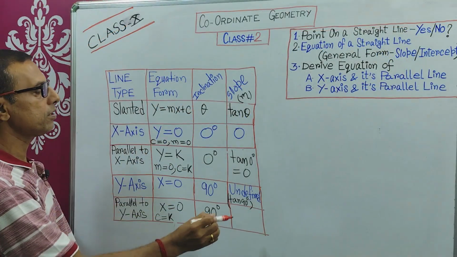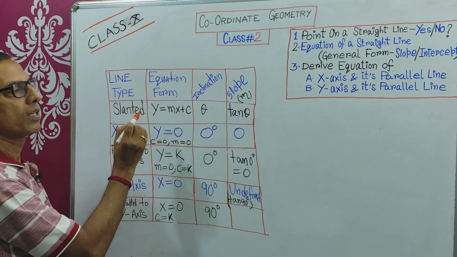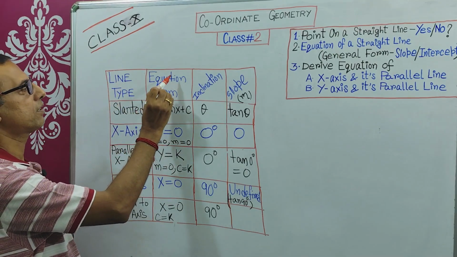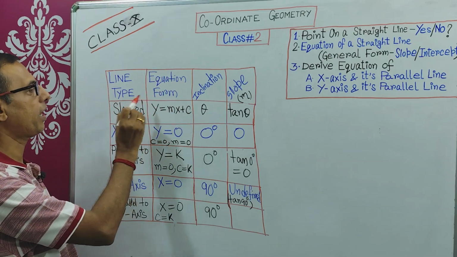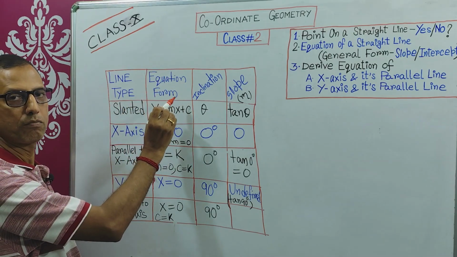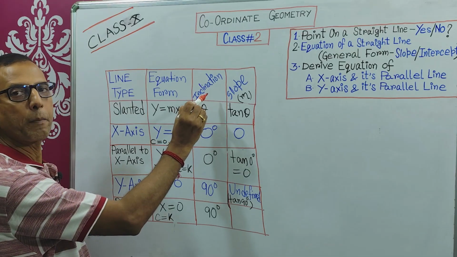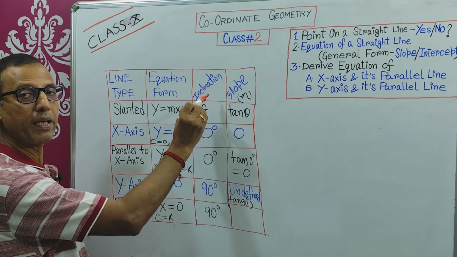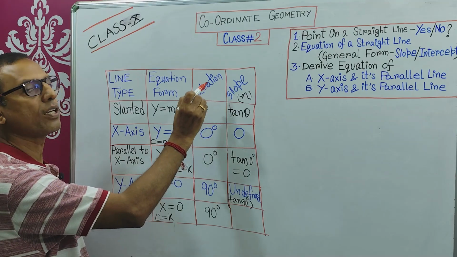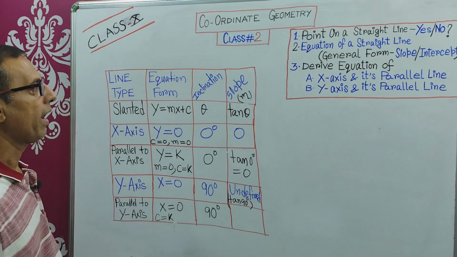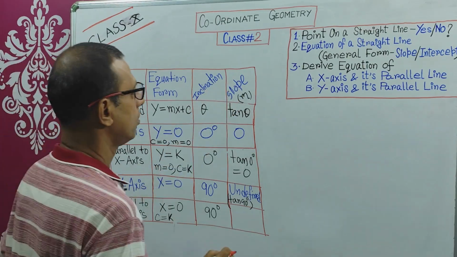Okay, now look into this tabular data. The first column heading is line type. The second column is equation form: for each line type, what will be the equation? Next is the inclination of the line, which means inclination with the x-axis in the anti-clockwise direction, and then the slope.